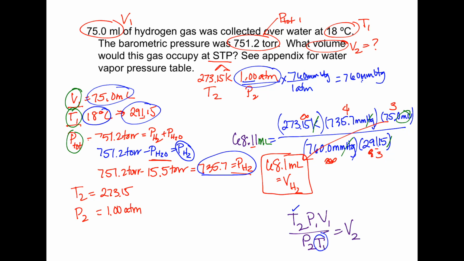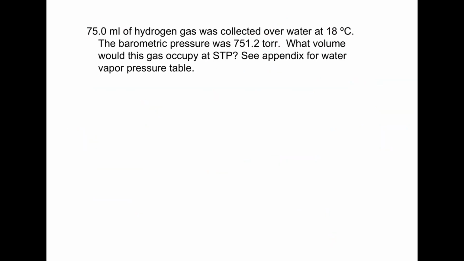Okay. What I'd like to do is clean up my screen a little bit and then just review the process that we did here. Okay. Ooh, so clean. All right. So the first thing that we did is when we were reading the problem, we recognized that it said that it was a wet gas.